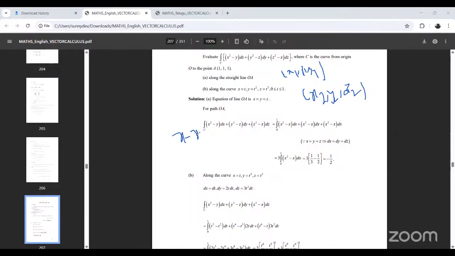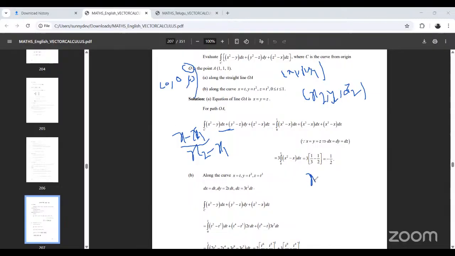That gives x minus x1 by x2 minus x1. So here, O means the origin, that is 0, 0, 0.